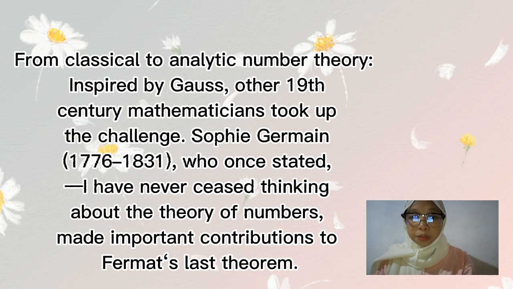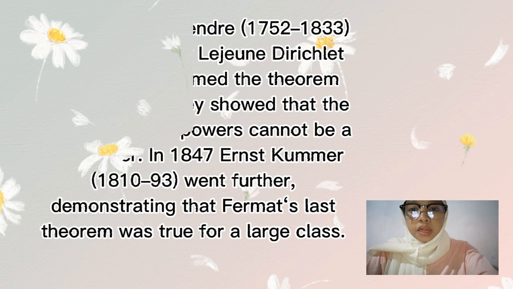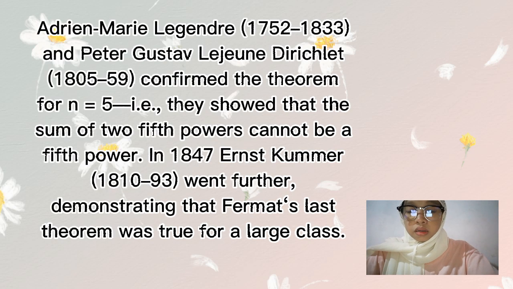Sophie Germain, 1776 to 1831, who once stated, "I have never ceased thinking about the theory of numbers," made important contributions to Fermat's last theorem, and so did Adrien-Marie Legendre, 1752 to 1833, and Peter Gustav Lejeune Dirichlet, 1805 to 1859. They confirmed the theorem for n equals 5, showing that the sum of two fifth powers cannot be a fifth power.